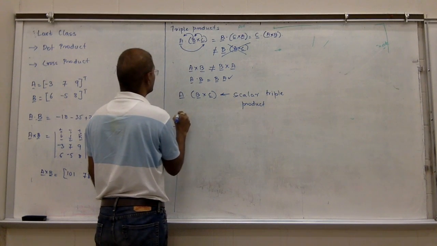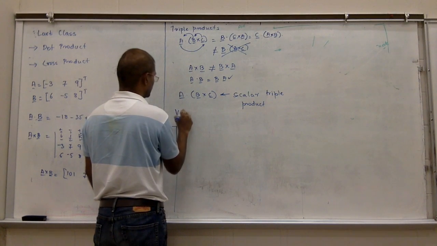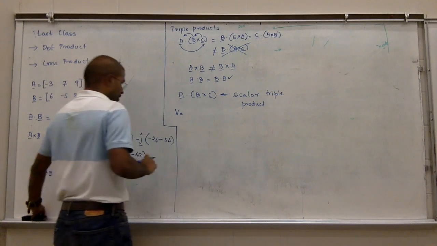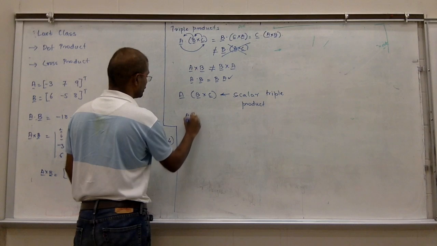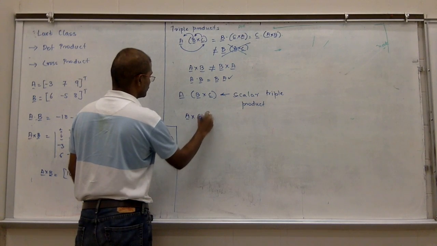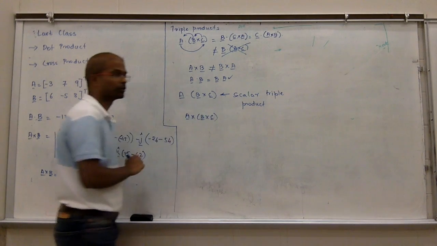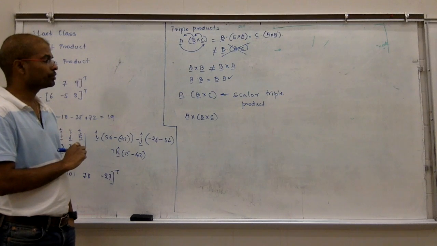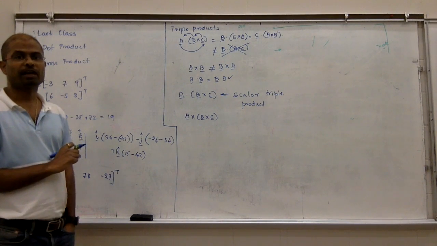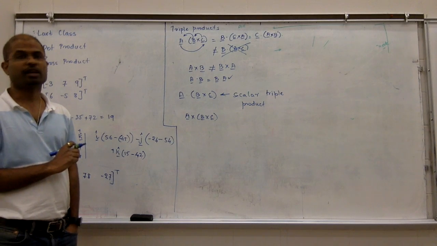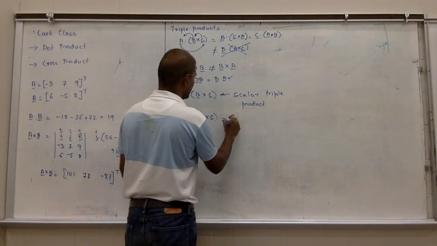Then you have the vector triple product, which is A cross B cross C. Here we use something called the back cab rule. You have to remember back cab, back minus cab.